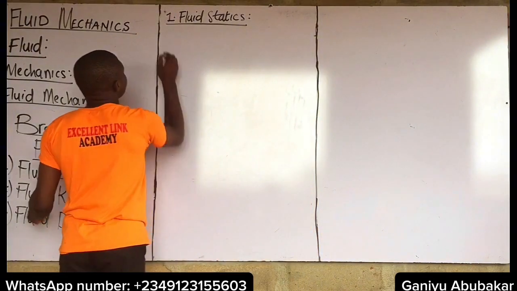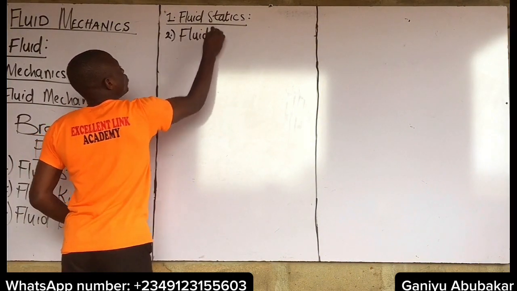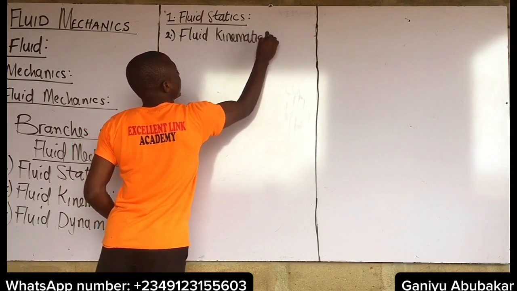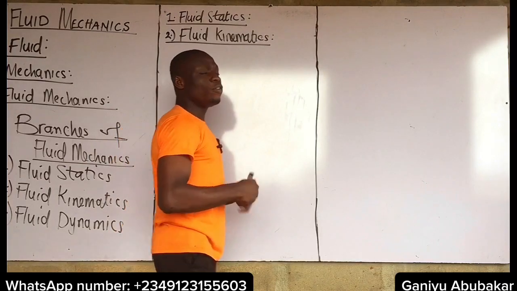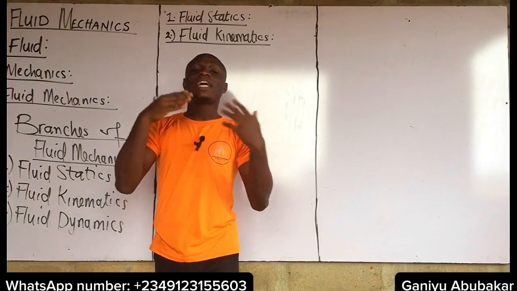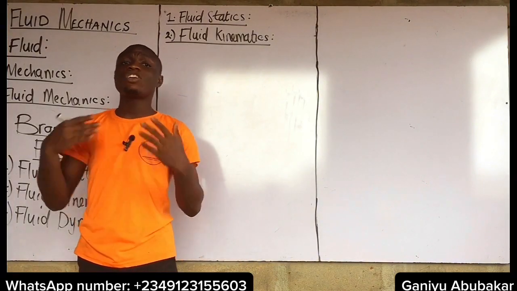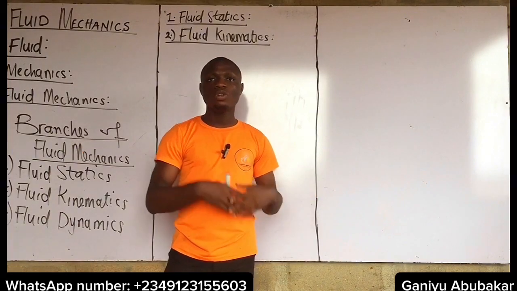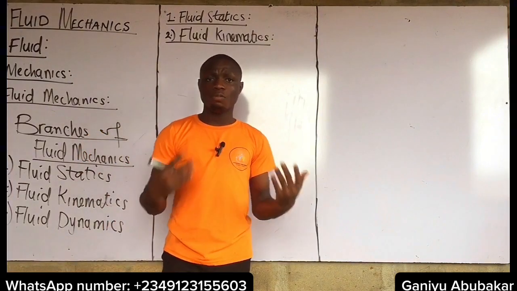Let's consider the second one there, number 2, called fluid kinematics. Definition: fluid kinematics is simply a branch of fluid mechanics that studies the characteristics and properties of fluid in motion without due consideration of the force causing the motion.